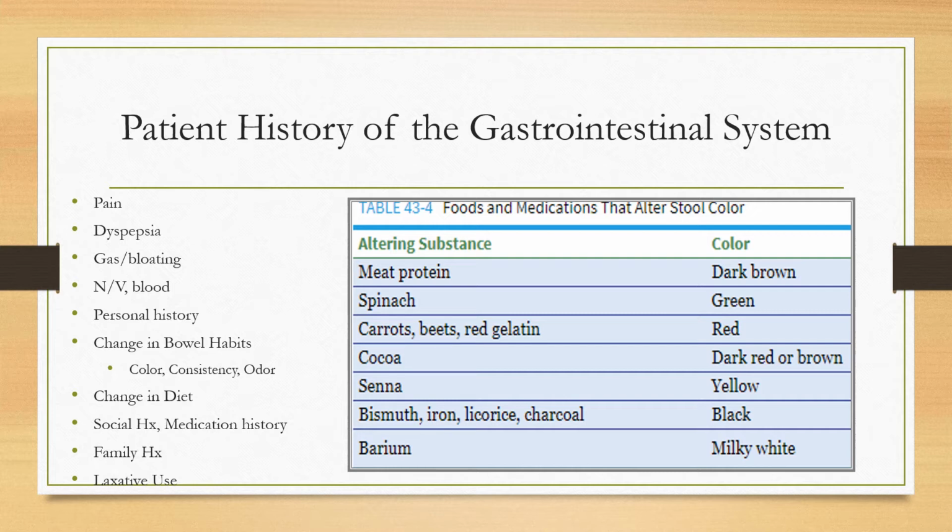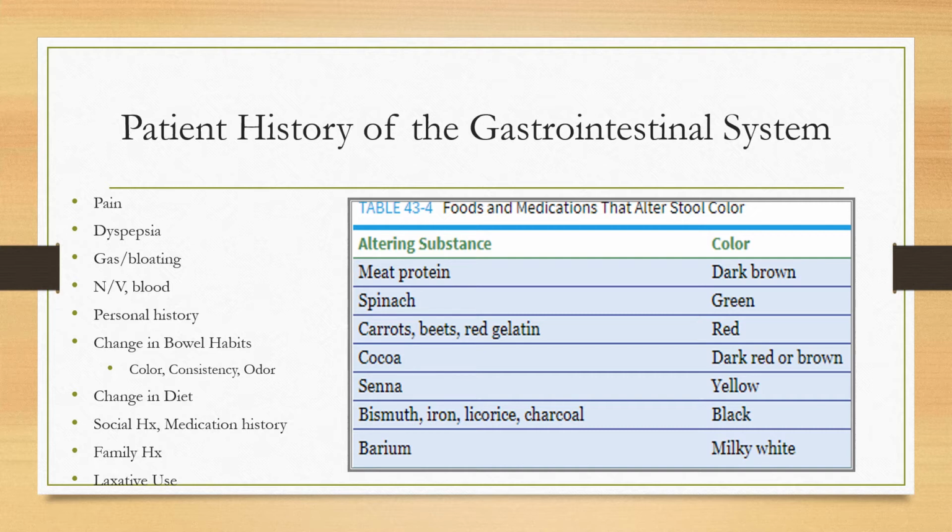I'm going to tell you, in the moment when someone's having pain, family history is not that useful because they're here in the moment with the pain, and family history is just really a risk factor for conditions. Laxative use. Are you someone who has to take a laxative every day? Okay, because that can affect the bowel, right?